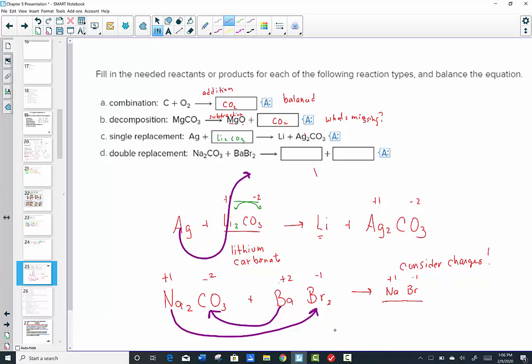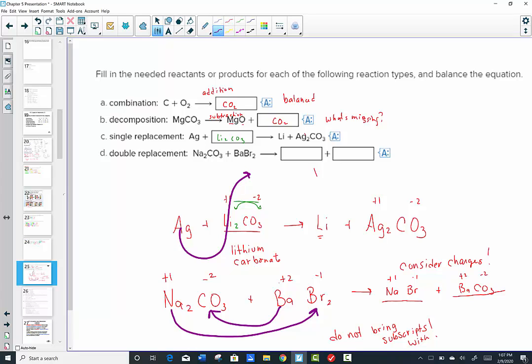You do not bring the subscripts with. But I find the new subscripts based on the charge. Barium, who comes as a +2, will combine with carbonate, who comes as a -2, so that's also electrically balanced.